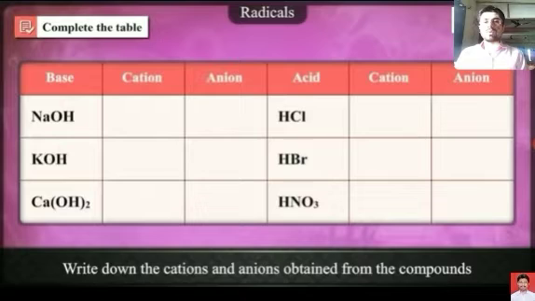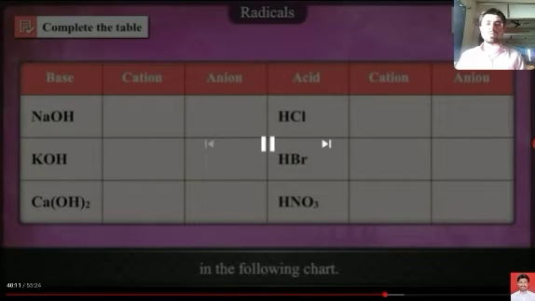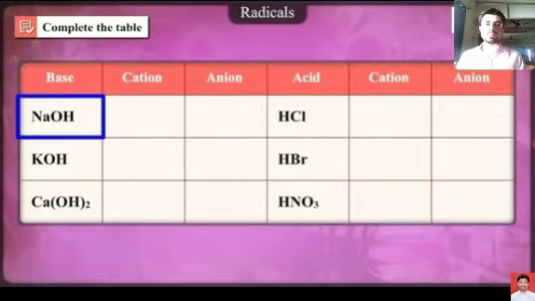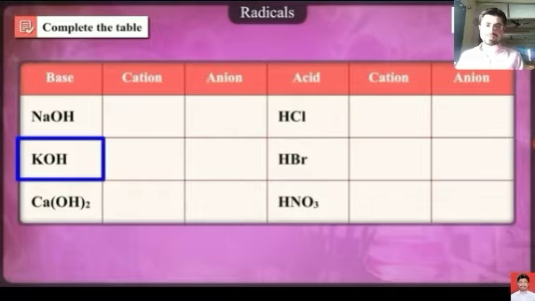In the video there is a table given on the screen. You have to write down the cations and anions obtained from the compounds. Now we will discuss one by one. In NaOH, there is one cation and one anion present.